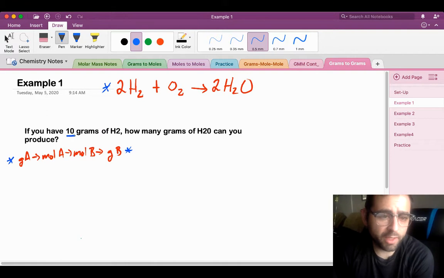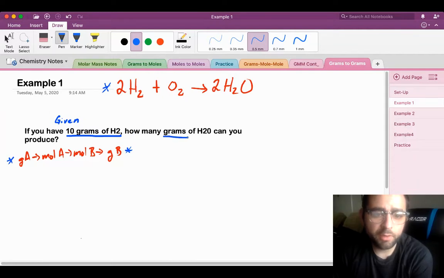So if you have 10 grams of H2, this is my given, because it gives me this quantity. How many grams of H2O can you produce? So this is what I want. And what I'm going to do is identify what's what.